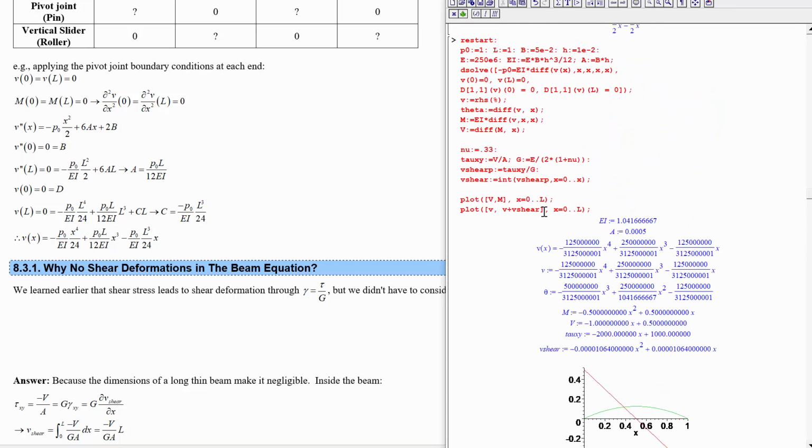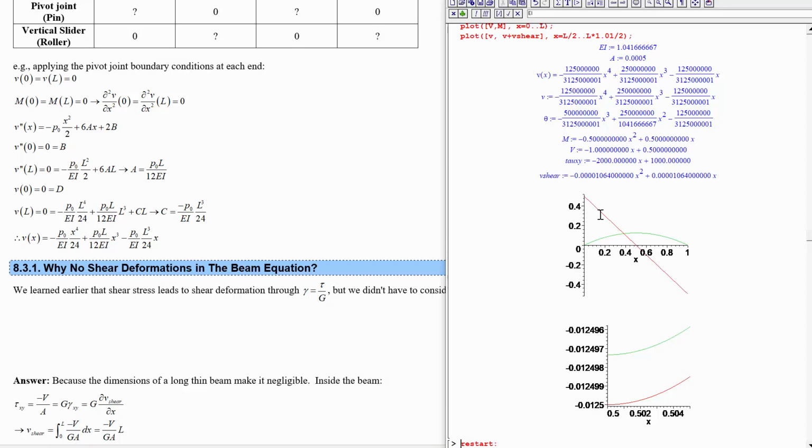I don't see anything. Let's zoom in. We'll go x is maybe L over 2 to some small different amount, L times 1.01 over 2. Ah, there we are. We're at the bottom of this curve, and we can see that adding in the shear deformation has corrected the displacement by only a very small amount.